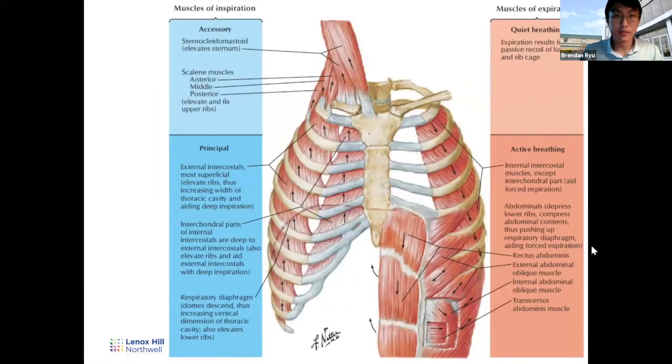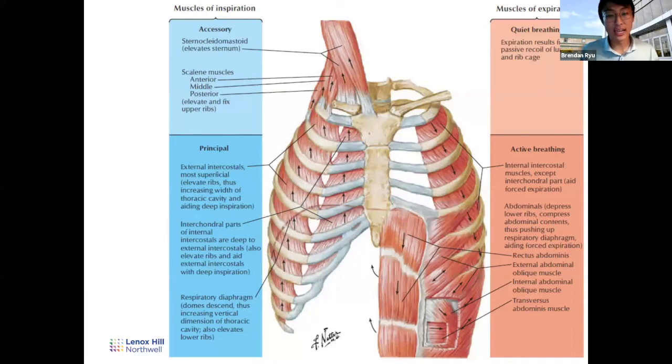So next slide, please. So this diagram, I'm not going to go too much into detail. There's a lot of information, but I want you guys to sit down and check them out after the session. The general idea is that there's a difference between forced breathing and relaxed breathing. Relaxed breathing is just everything that people do when they're staying still.